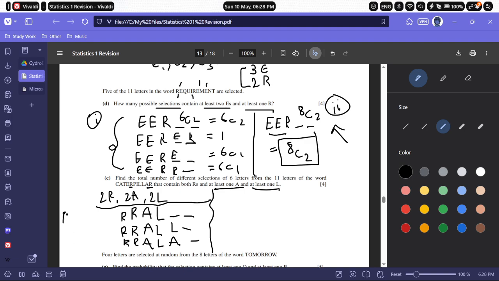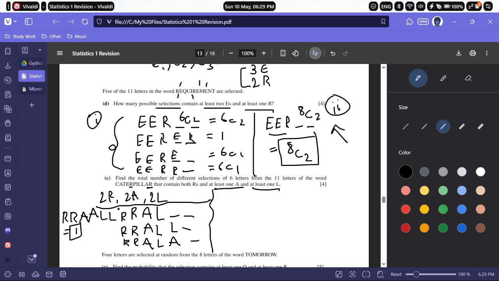So you can have RRAALL. What else apart from this? I think that's pretty much it. So these are all your four favorable cases, right? This one would just be equal to one. You can only have one selection for this type.